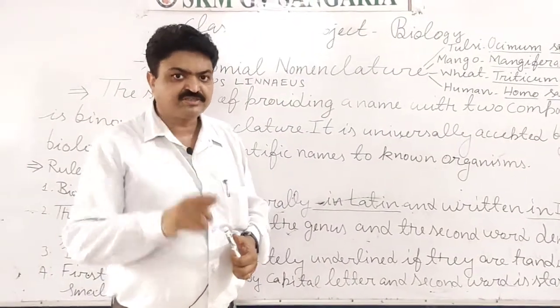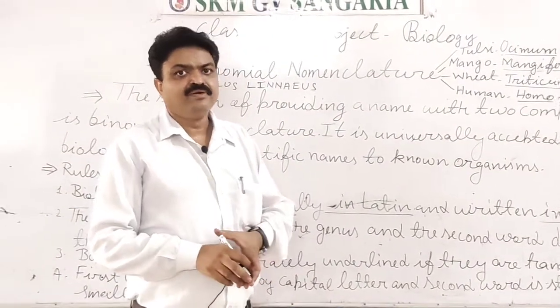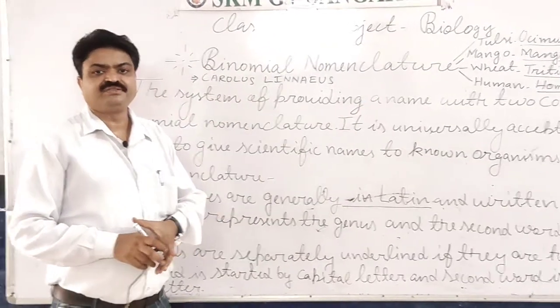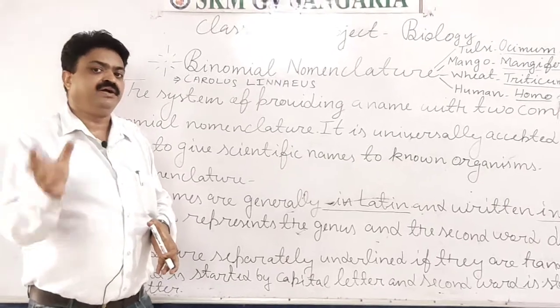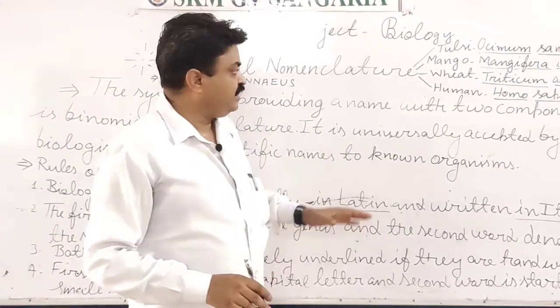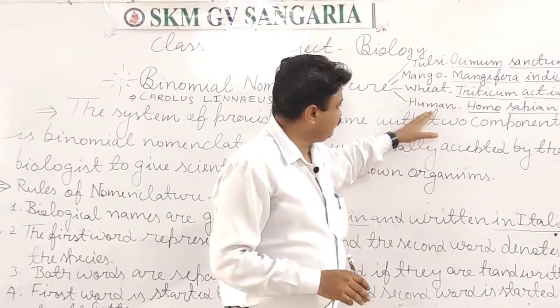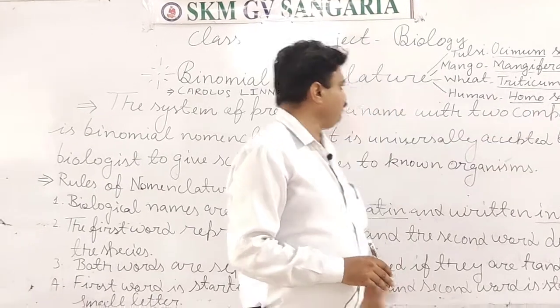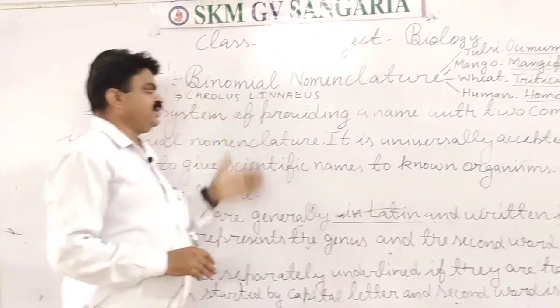Means biologists use these names to identify living organisms. When they identify a living organism, they give a name to it with the help of binomial nomenclature.